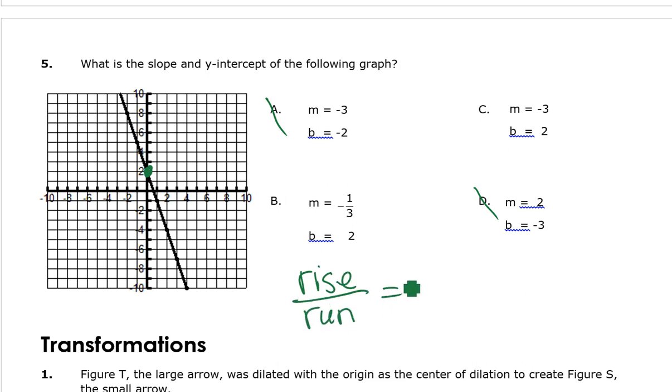So I can see that if I connect 2 points, it's falling by 1, 2, 3, 4, 5, 6, -6, and the run is 2, which gives me -6/2, which is -3. So C is my answer.